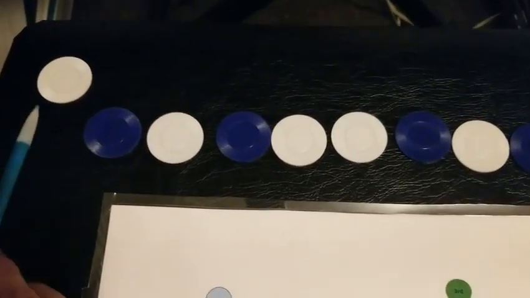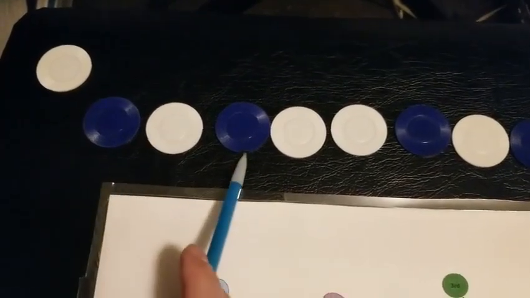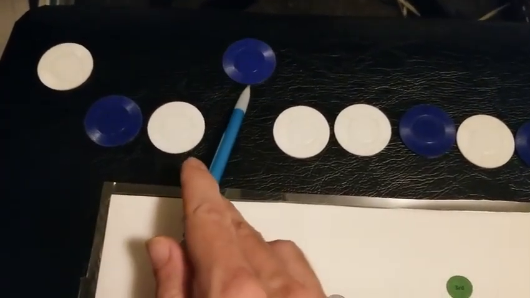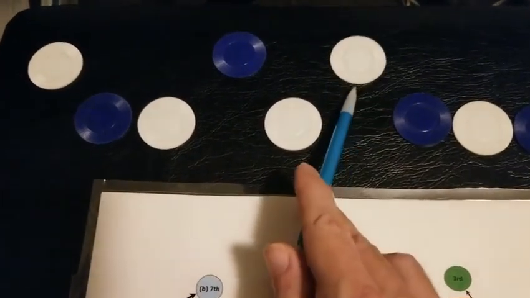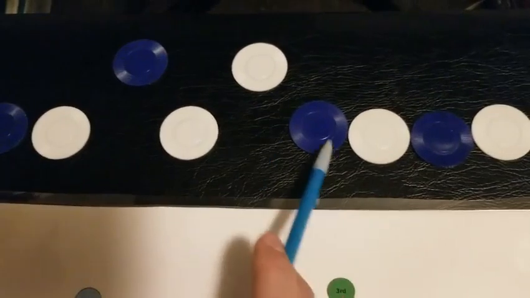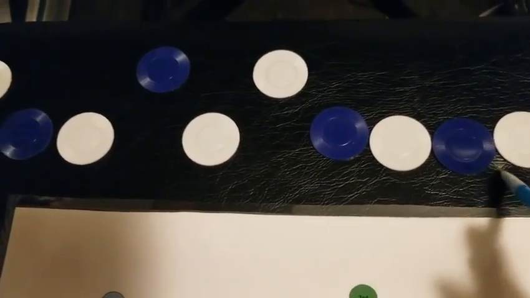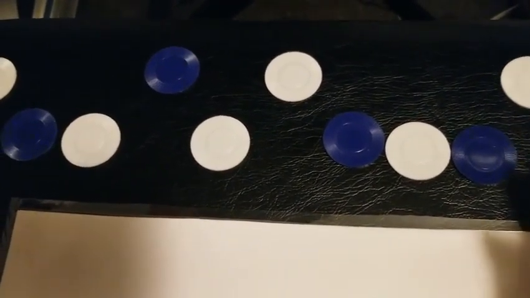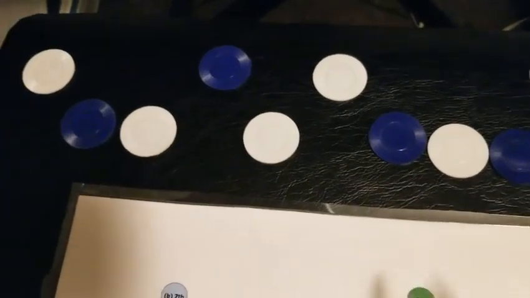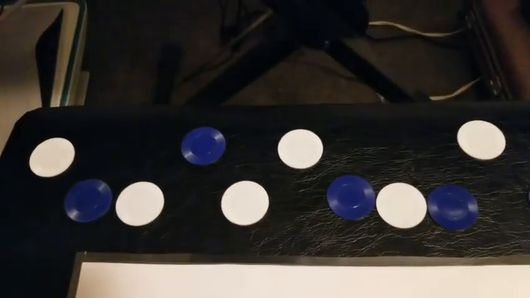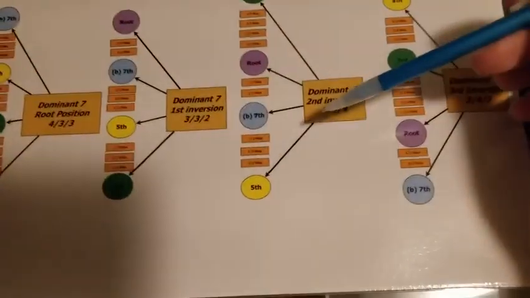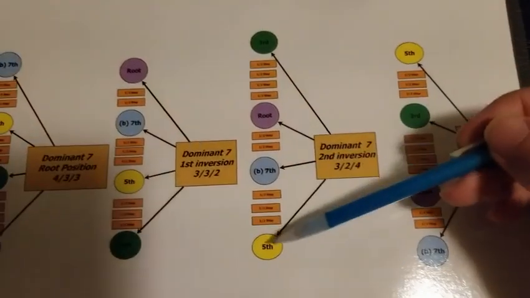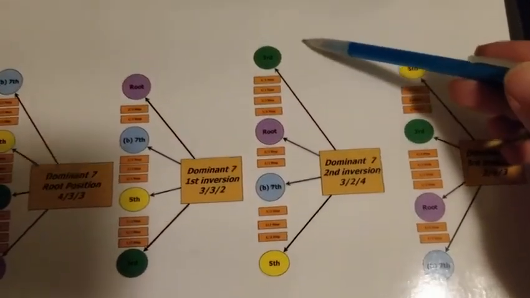So we're going to count 3 half steps, 1, 2, 3 for our flat 7, 1, 2 for the root, and then 1, 2, 3, 4 will be the third. Well, here you can see the 3-2-4 position, or dominant 7, second inversion, 3-2-4.